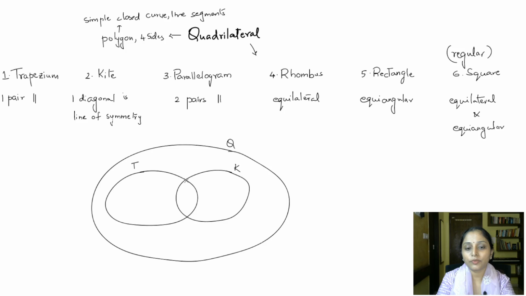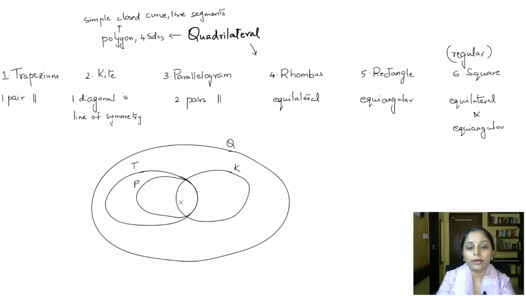Now you also know that, for example, we have studied rhombus. It is both kite and parallelogram, right? So what I'm going to do is draw the parallelogram as this. This is my set of parallelograms. I'm going to represent it by capital P.